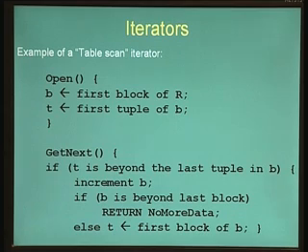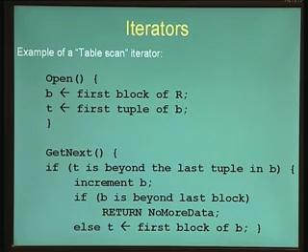So when we open the table scan iterator, we need to initialize a few things. As shown in the slide, the open function initializes two different variables B and T, where B points to the first block in the file, and T points to the first tuple in the block.